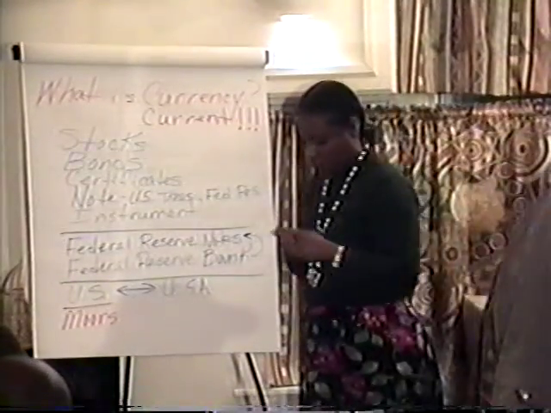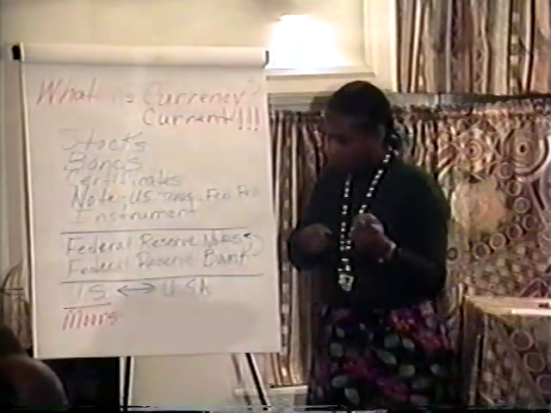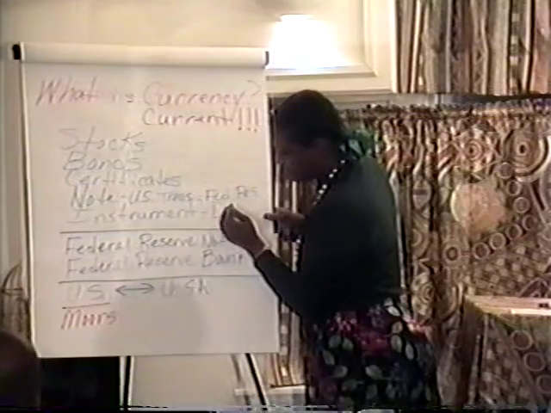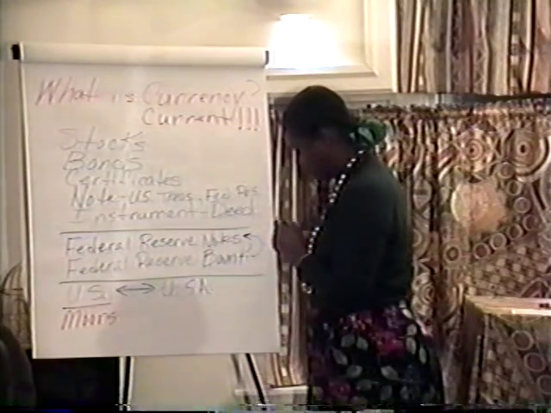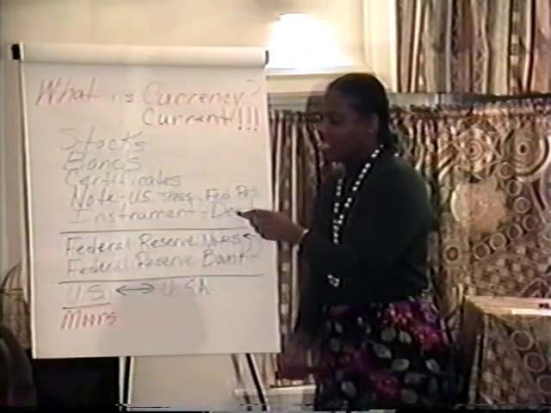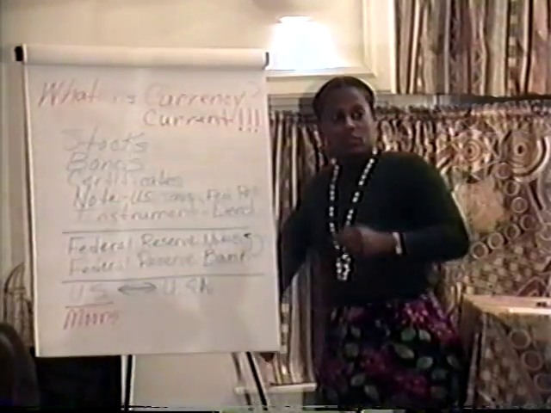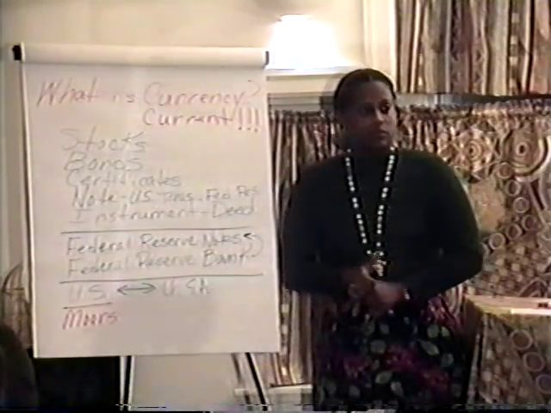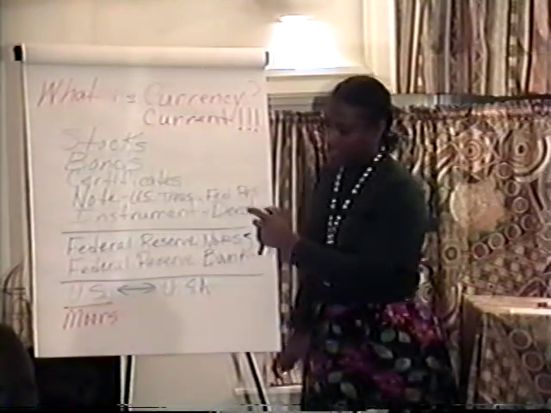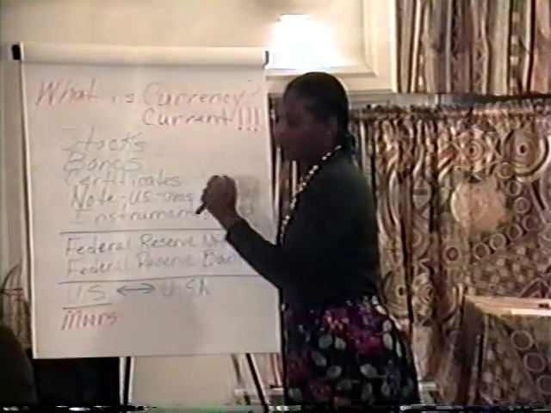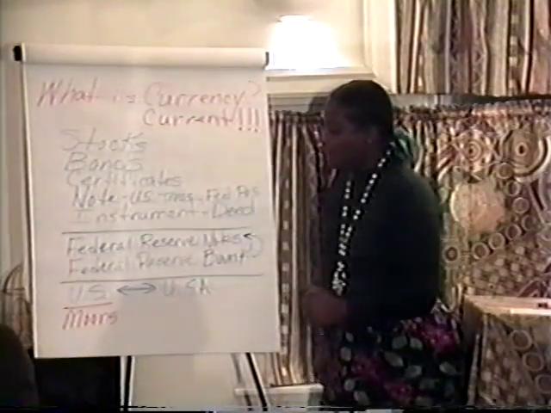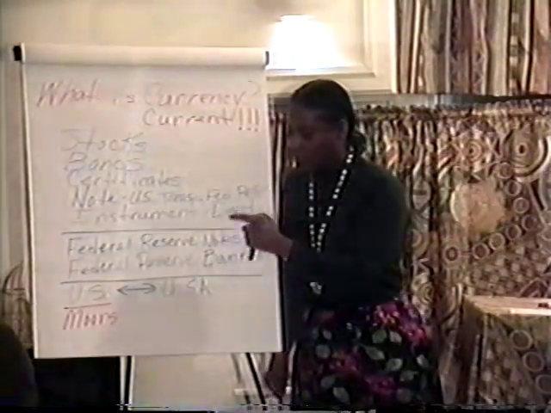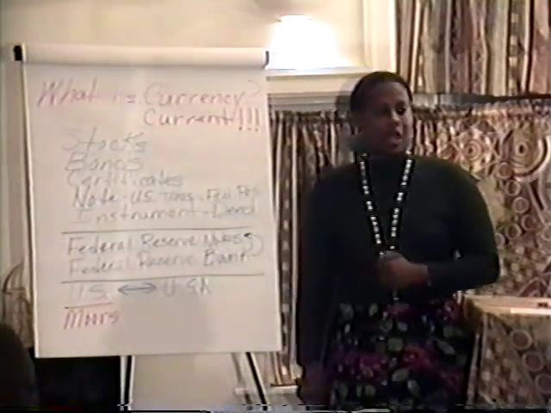Even a deed is a form of instrument. It is an instrument because you can use the deed as collateral to get a Federal Reserve note, which gives you the opportunity to take the Federal Reserve note to the Federal Reserve Bank to get some lawful currency.